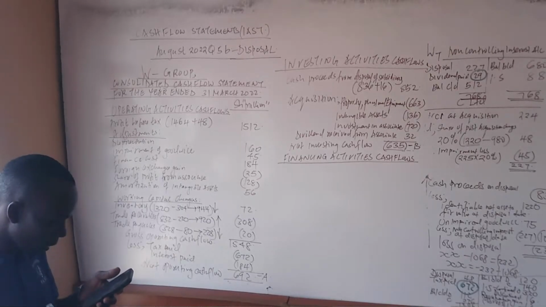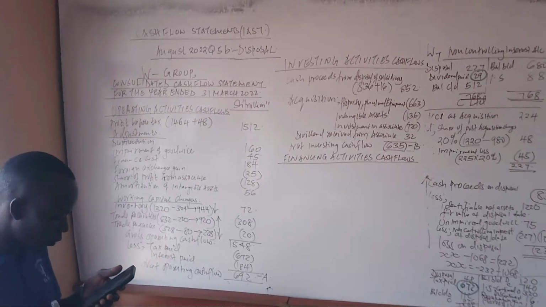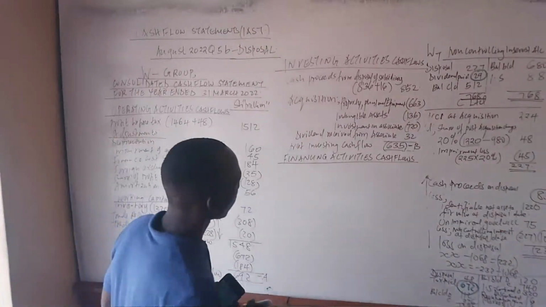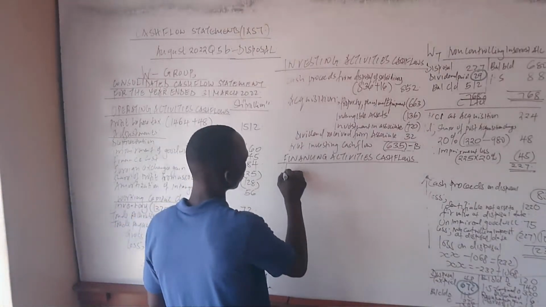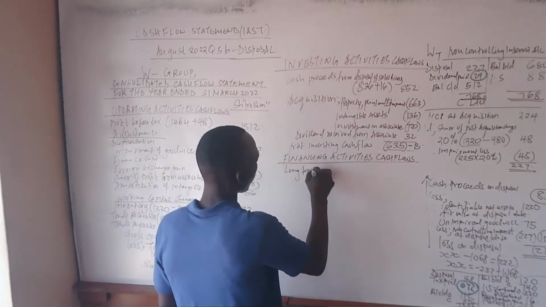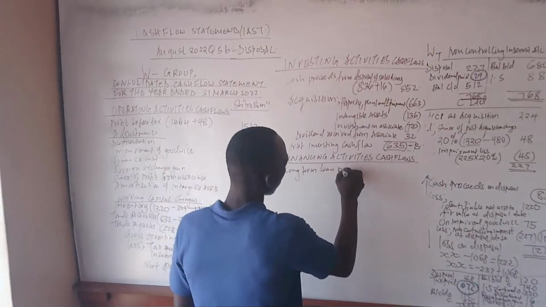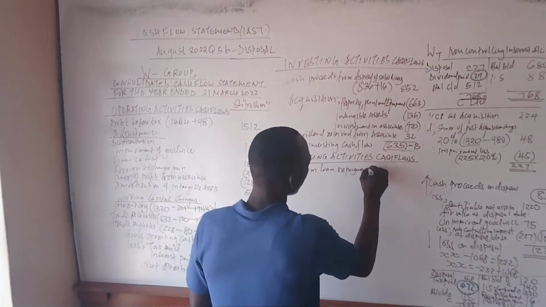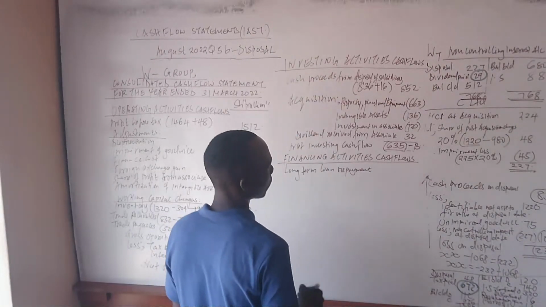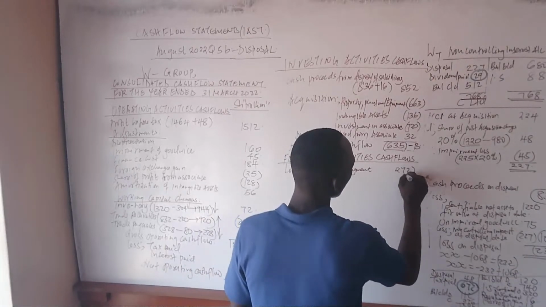At the beginning, it was more than what we have at the end, isn't it? So we have the long-term loan repayment. How much did we pay? The difference, 272.